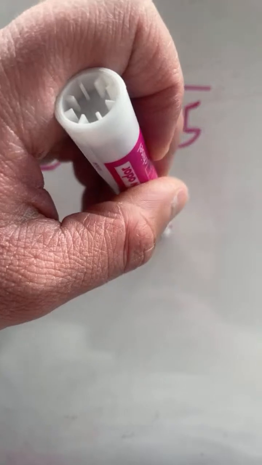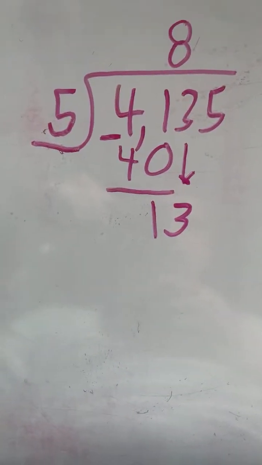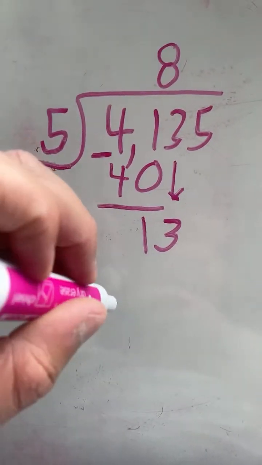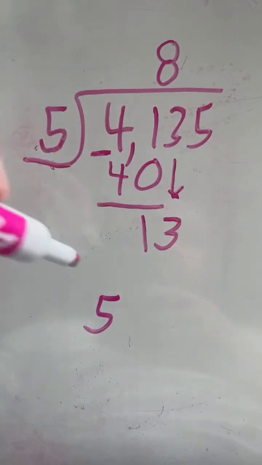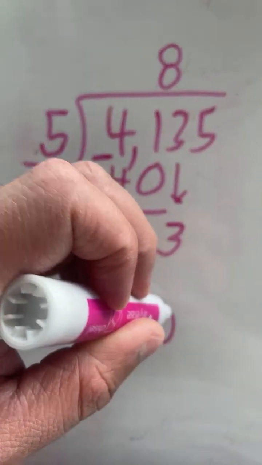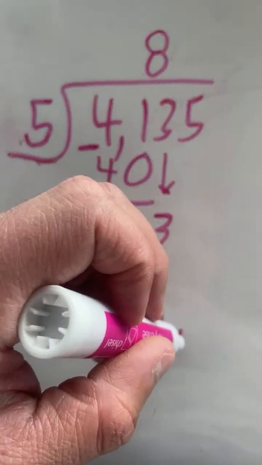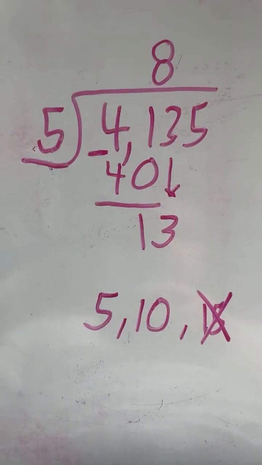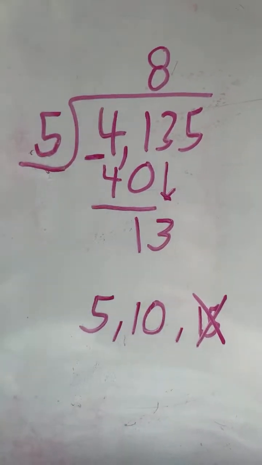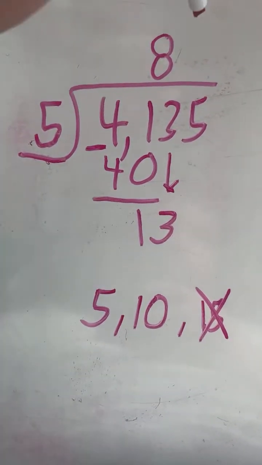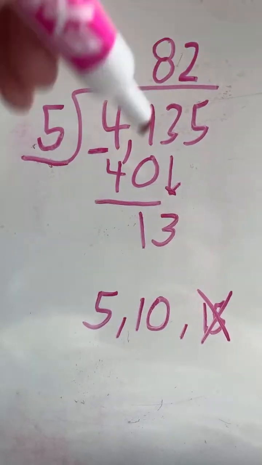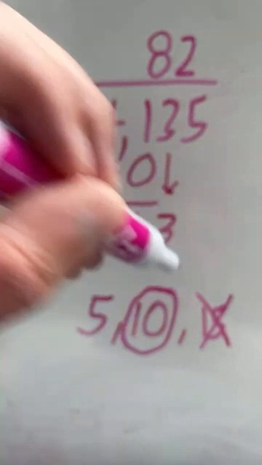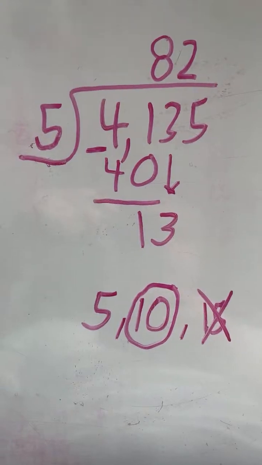Next, we bring down the 3. That 1 becomes a 13. Now I got to see how many groups of 5 go into 13. 5, one group. 10, now I have 2 full groups of 5. If I count by 5 again, I'll be too far. 15 is too far. But I was able to get 2 groups of 5 within 13. And 10 was as close as I could get to 13 without going over 13.